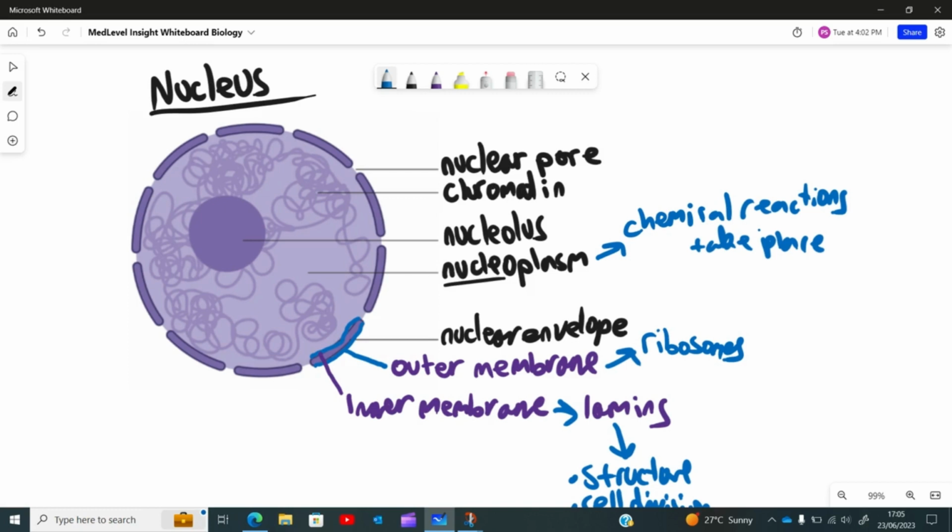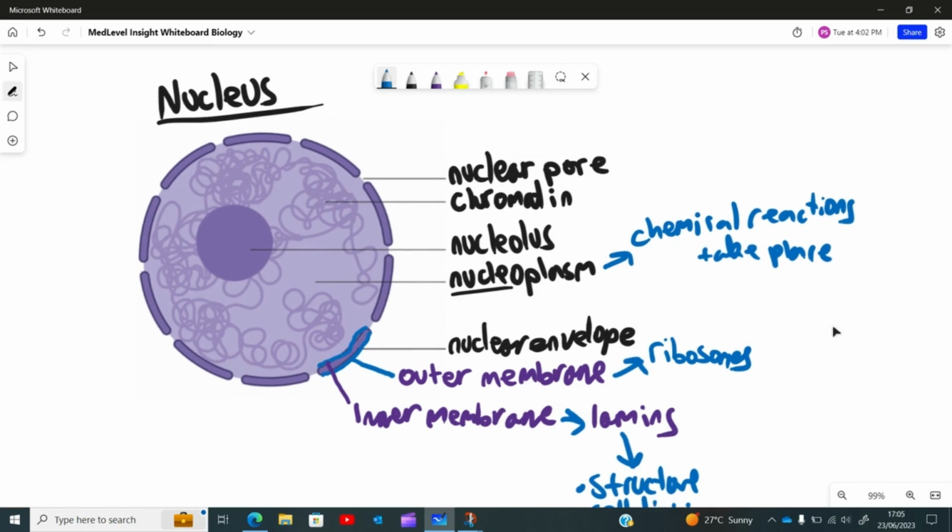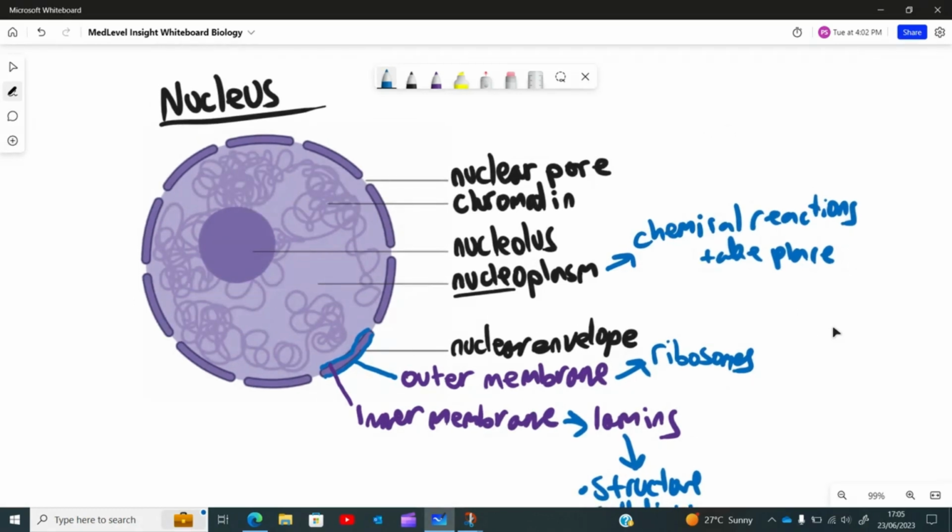Next being the nucleolus. Okay, so we learned from A-level biology that the nucleolus is, I would say, the most important in the nucleus because protein synthesis occurs there. So we know that protein synthesis occurs there.